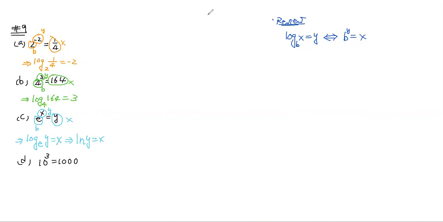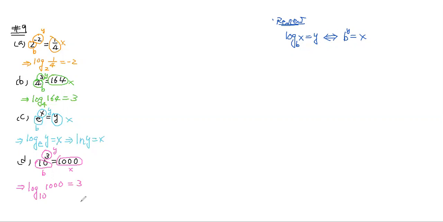The last one, let's take a look. The same thing, you circle it: this is my b, this is my x, this is my y. So this is log base 10 of 1,000 equals 3.